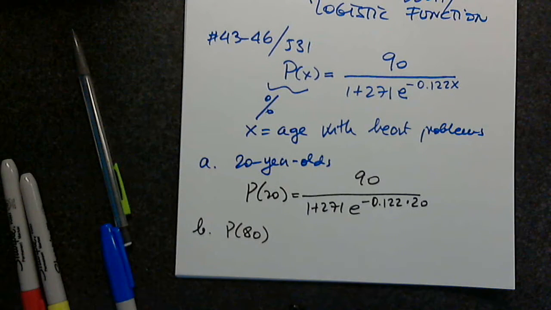And be very careful how. The top is only one number, so I don't need parentheses. But the denominator is a combination, it's a two-term situation. So 1 plus 271 times e, in parentheses, don't forget, negative 0.122 multiplied by x, close the parenthesis for the power, and close the parenthesis for the denominator.